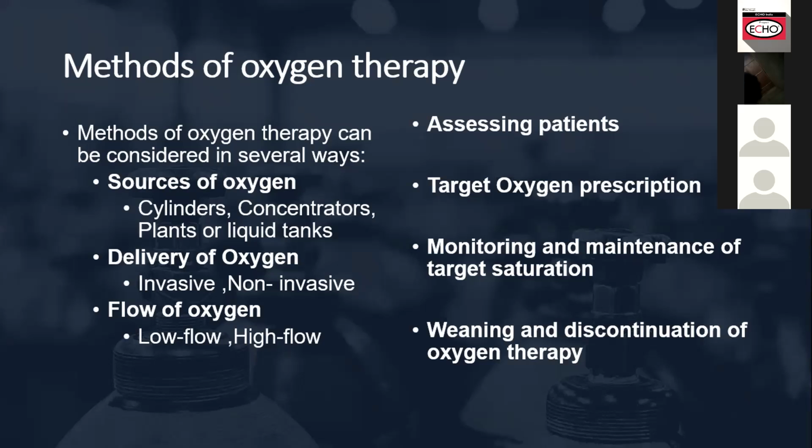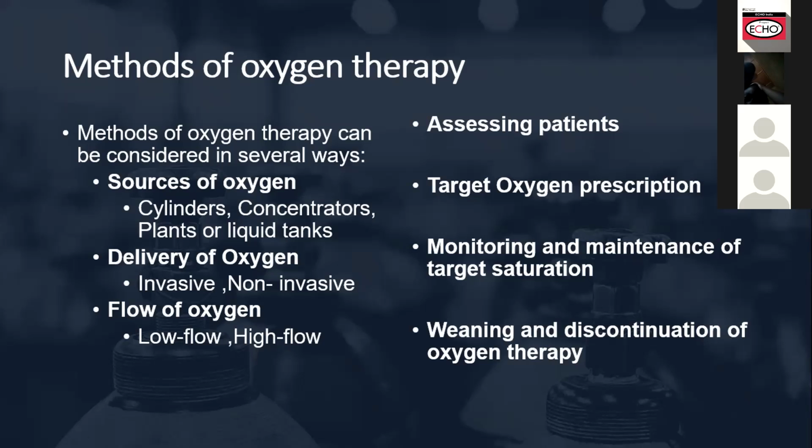And then, of course, you have to assess your patient. When you prescribe the oxygen, remember you need to specify your oxygen target, and of course the monitoring and maintenance of target saturation. Then you plan your weaning and discontinuation of oxygen therapy. Really, it means plan your weaning process for your patient.